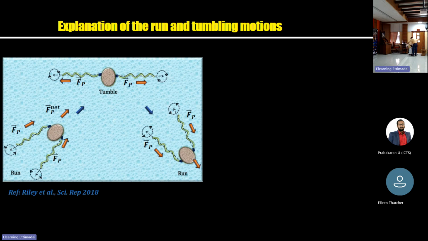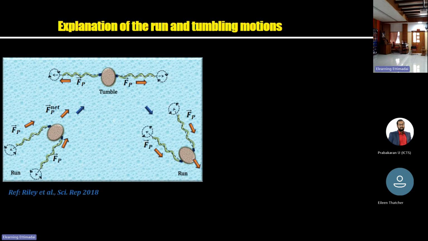In the clockwise direction, if you make some simple calculation, you can understand that the propulsive force definitely acts in the opposite direction. You can prove it. So Fp acts in different directions, and Fp net should be 0. That's why tumble motion happens.